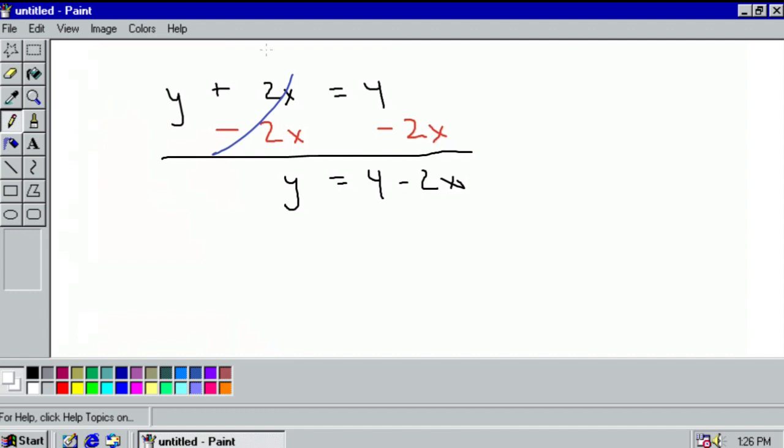For example, let's pick up 2x and carry it to the other side. But when it goes to the other side, its sign changes. So this leads to the adage, change sides, change signs.